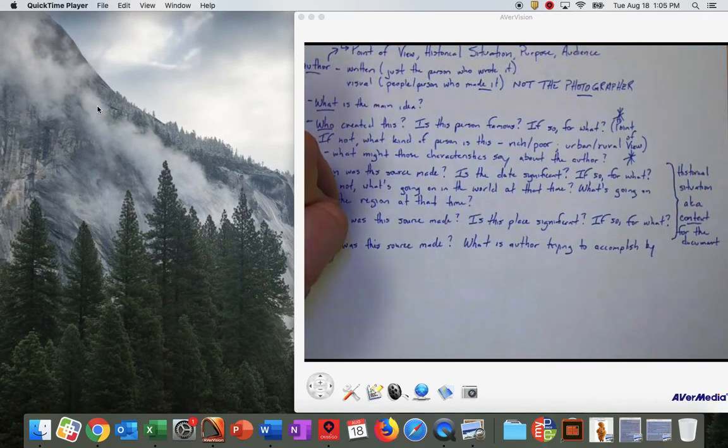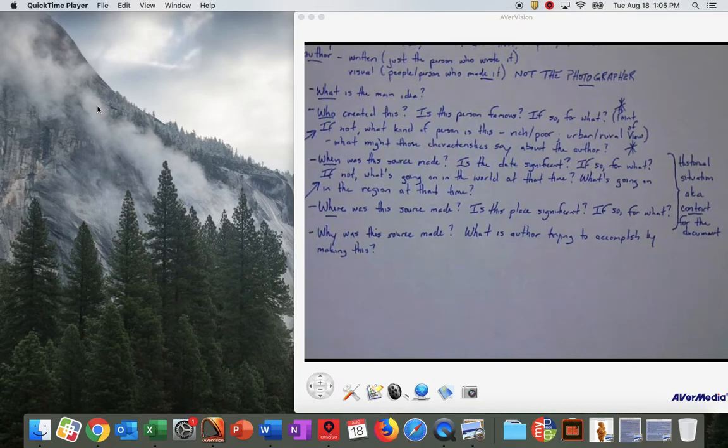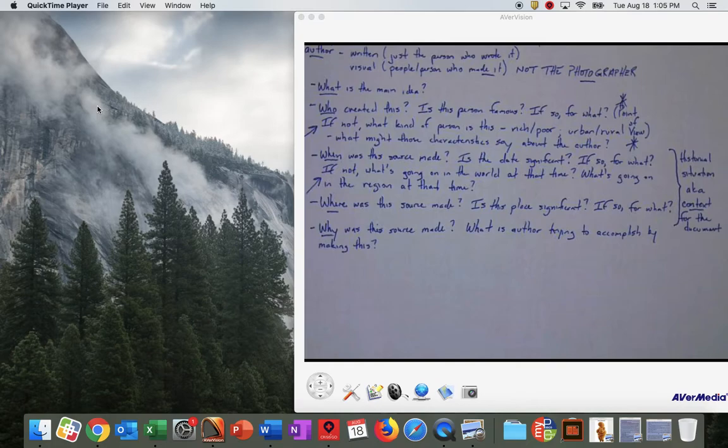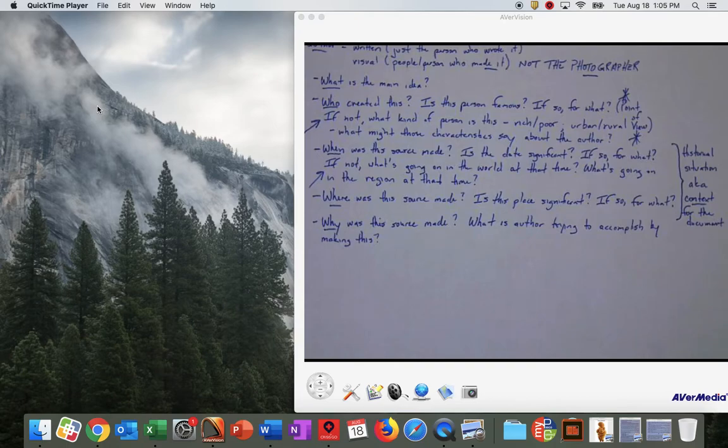What is the author trying to accomplish by making this thing? This is the one where you have the most freedom to kind of guess. And when we look at a couple examples of this, you'll see how we're able to guess. And we're not looking for right answers here, we're looking for plausible answers. If you can make a good case for why this was made, that's what we're looking for.